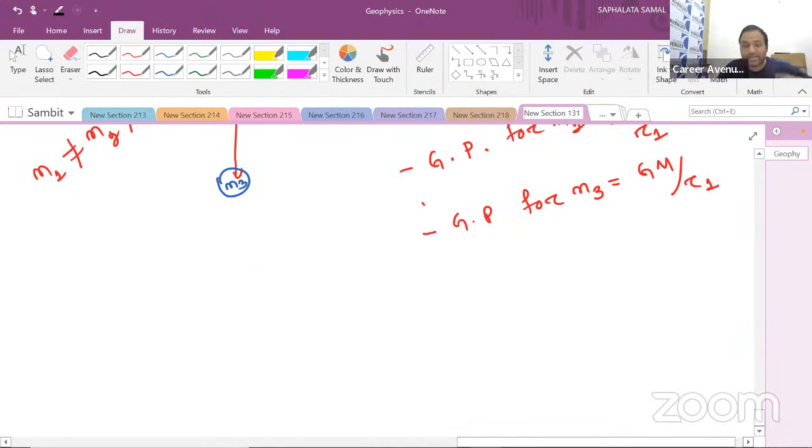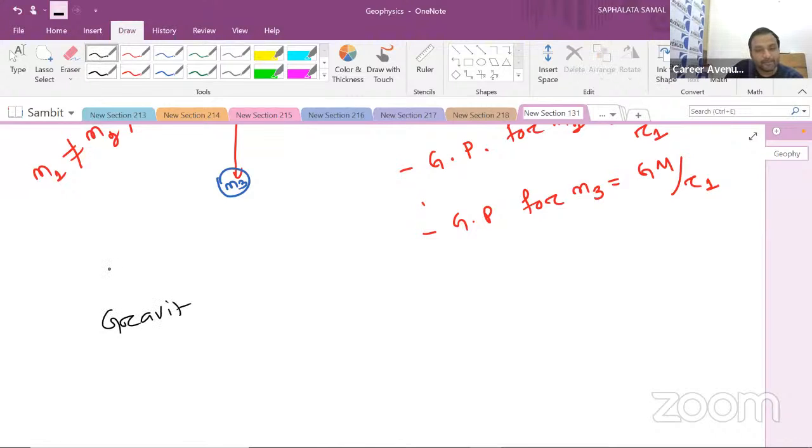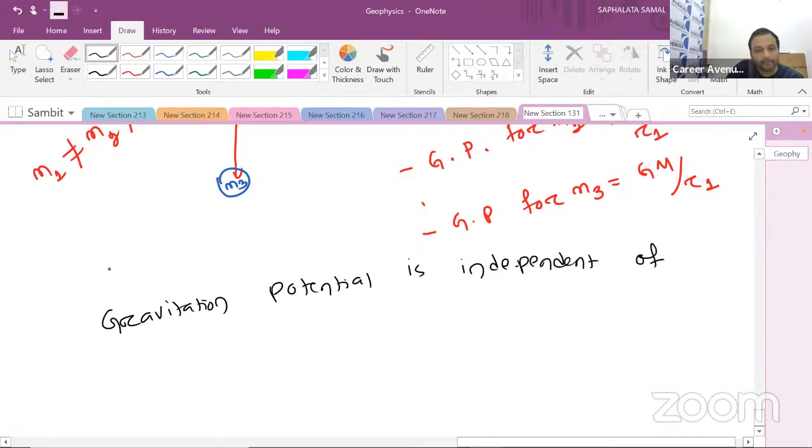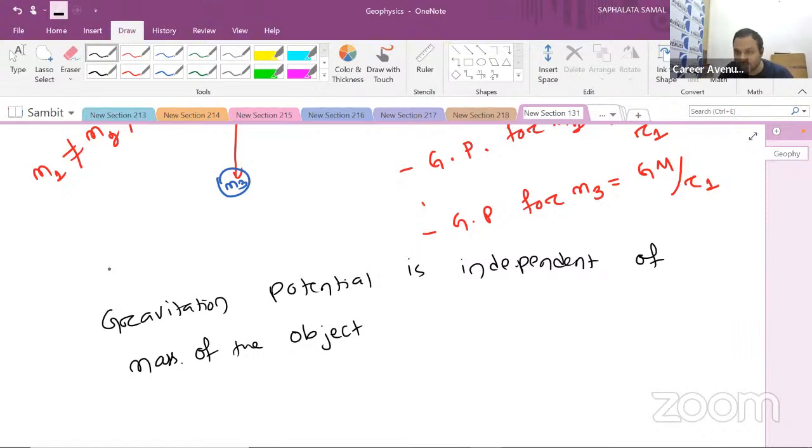The gravitational potential is independent of mass. Mass of what? Mass of the object which is experiencing this force.